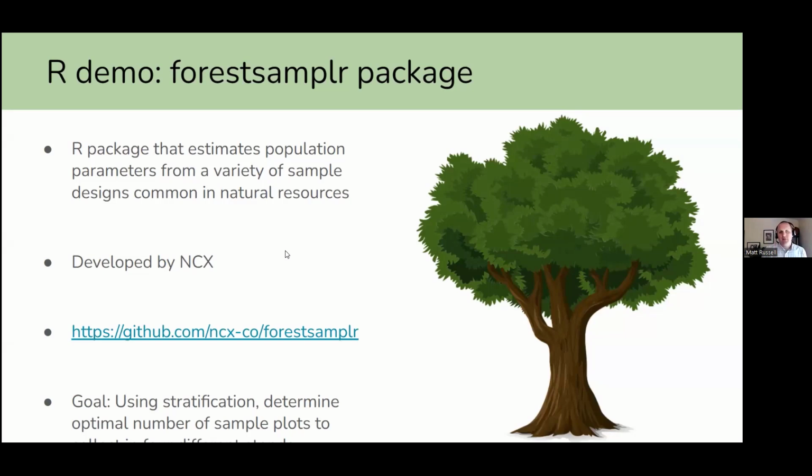This is one that I've used that really focuses on estimates from sampling designs and how they're used in natural resources. It's an R package that estimates population parameters from these common sampling designs. It was developed by a company called NCX, and you can see the link there. It's available on GitHub if you want to download it.